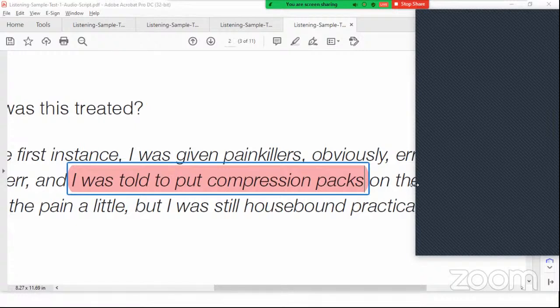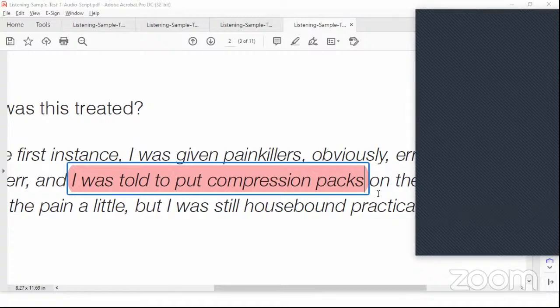Be very careful. Compression pack has no reference. It should be either singular or plural. This is totally wrong, absolute nonsense. You can never write compression pack.